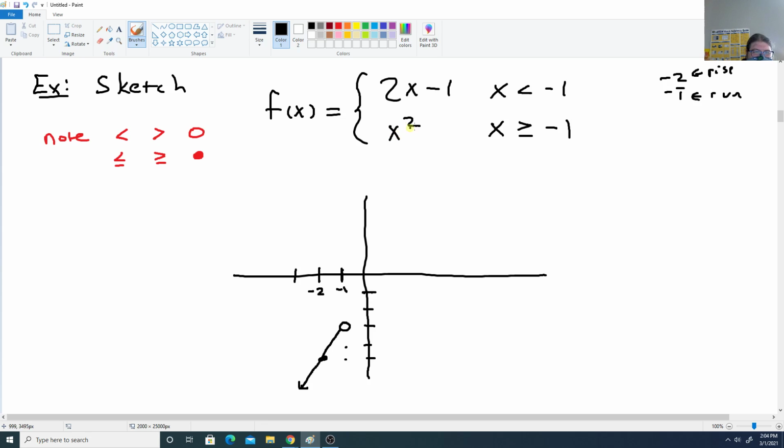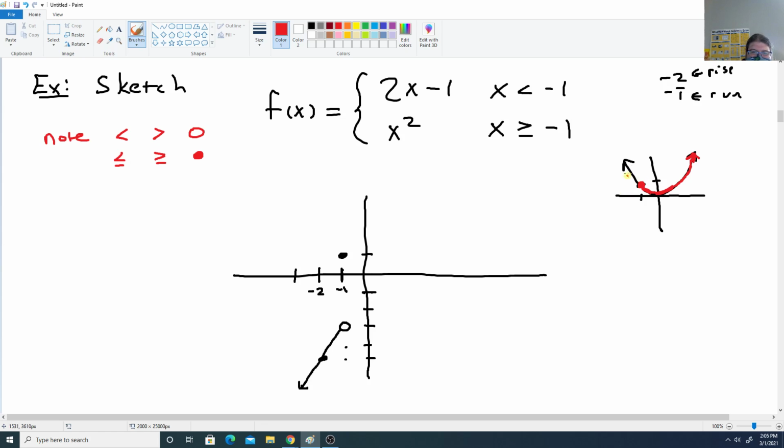Now for the x squared part, this one has the or equal, so we're going to use a closed dot. I put -1 in there. -1 squared is +1, so I get the point -1, +1 with the closed dot. x squared's graph is a basic parabola. Starting at that closed dot, I'm going to be keeping to the right, so I complete this part of the parabola.